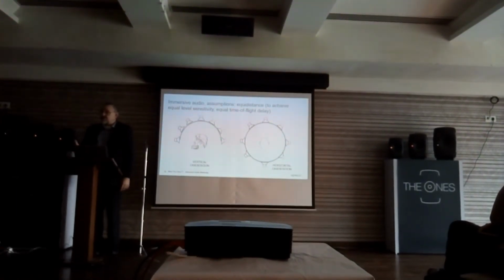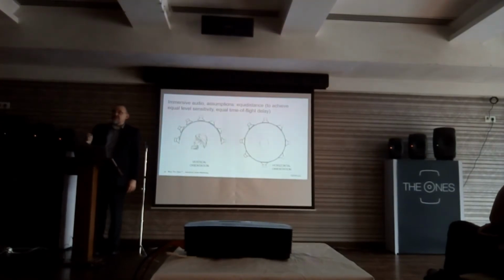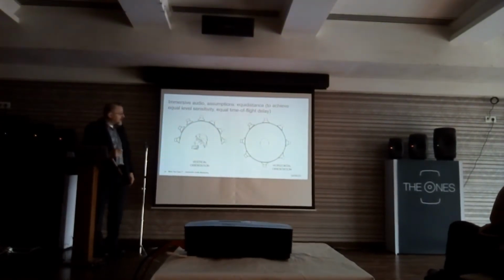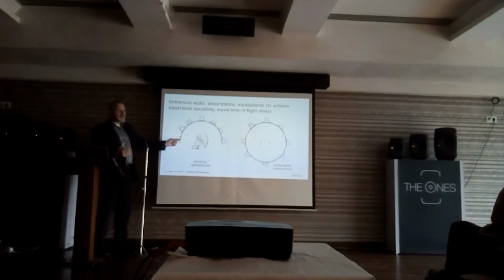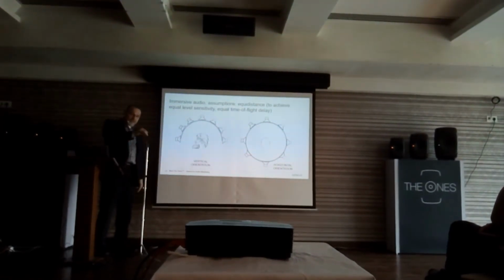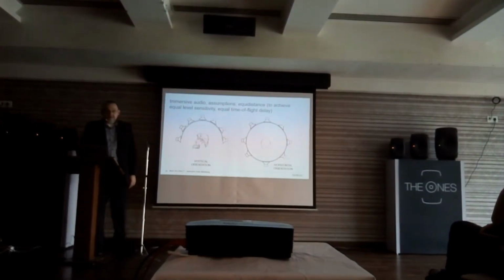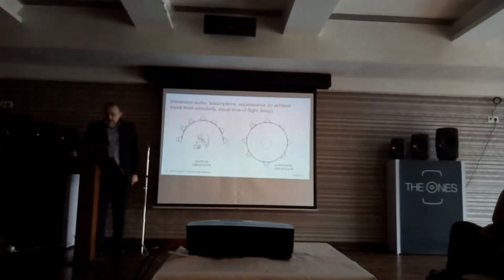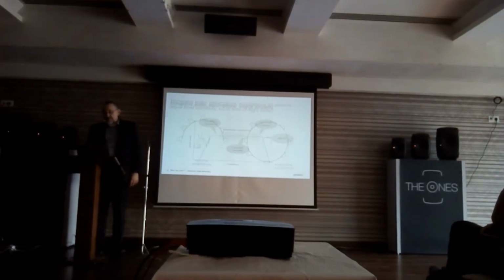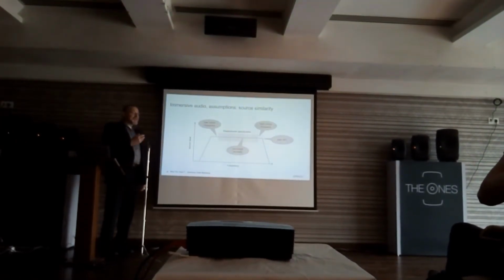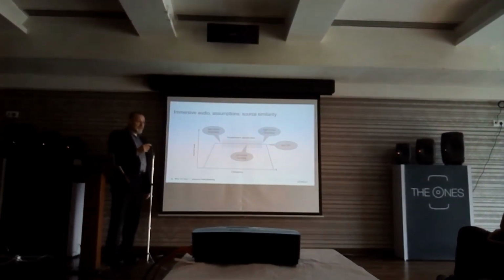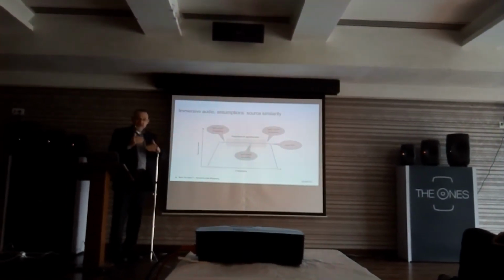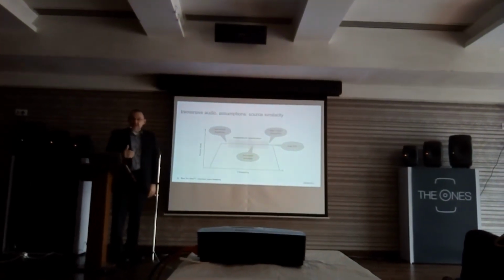From the practical point of view, if we didn't have any electronic way of timing the loudspeakers, we would put them at equal physical distance from the listener in order to create the situation, and then adjust the levels to be correct. But it doesn't stop there, because usually there's also an assumption that the character, the sound quality delivered by these individual loudspeakers is the same. There are no differences between the loudspeakers.